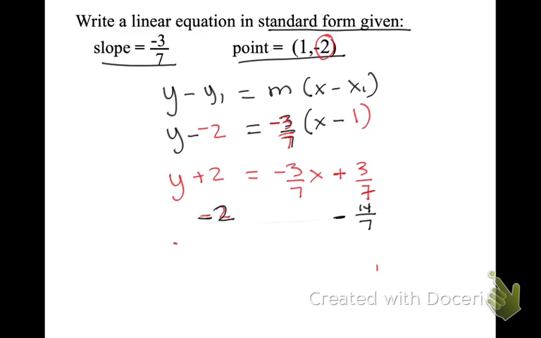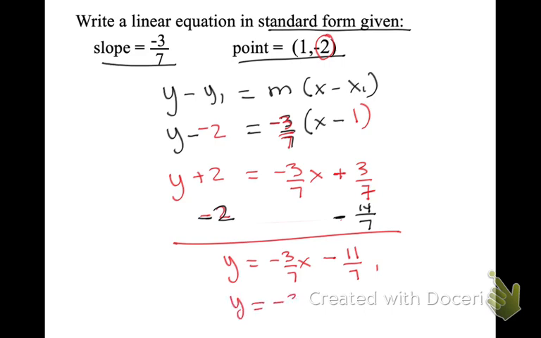Here we go. I get y equals negative 3/7x minus, right, takes the sign of the bigger number. Since one's positive, the other's negative, it's going to be minus 11/7. y equals negative 3/7x minus 11/7.